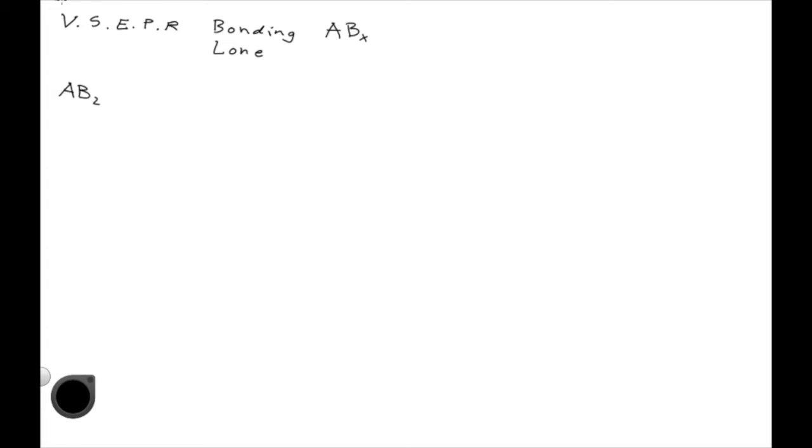For example, it could be a molecule like beryllium chloride, or it can be a molecule such as mercury chloride, HgCl2. So these are just examples of a certain type of molecule we want to examine.